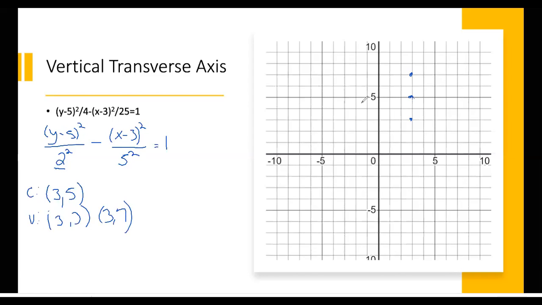Okay. So now we can draw our box. I'm going to try and do this in red. We have our vertices, we need our co-vertices. So we're going to go 5 in our x direction. So 1, 2, 3, 4, 5 here, and 3, 4, 5 there. So we want to draw this box that's here.